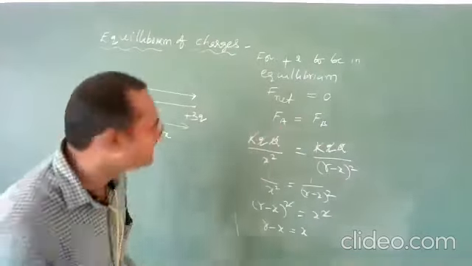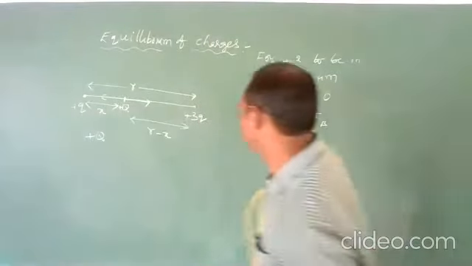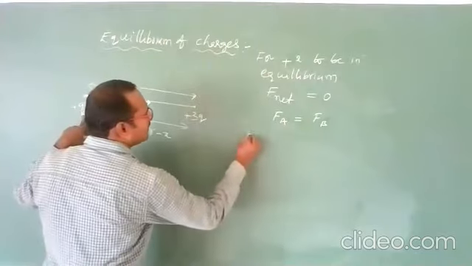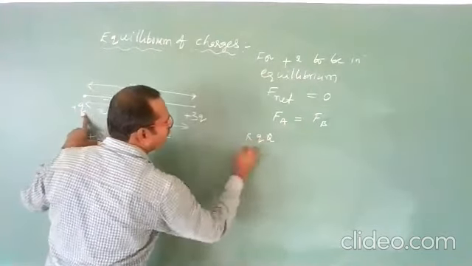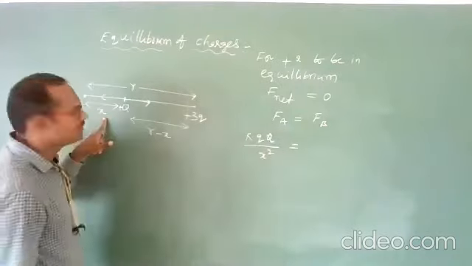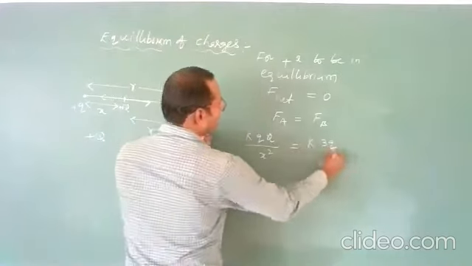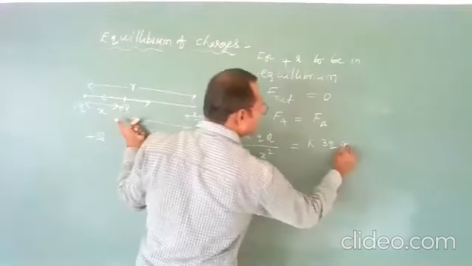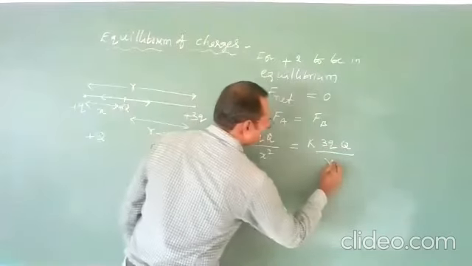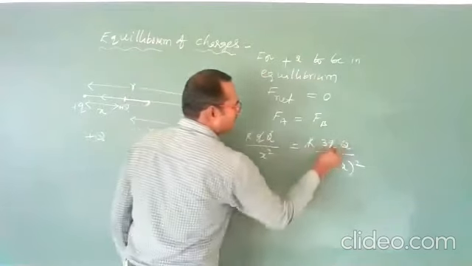Let us write the values of those forces. Force on capital Q due to small q is K small q capital Q divided by x square, which is equal to force on capital Q due to 3Q, K 3Q capital Q divided by R minus x whole square. KQQ cancel.